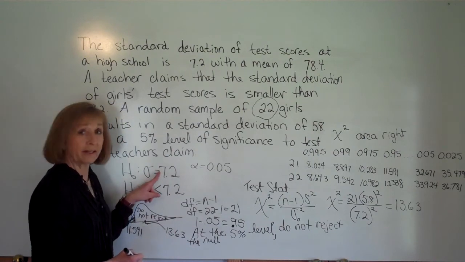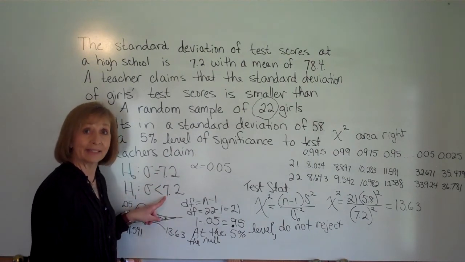And if you can't reject the null, you do not have significant evidence to support the alternate.